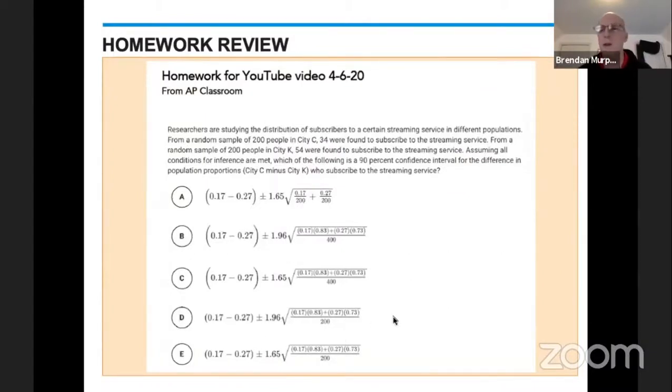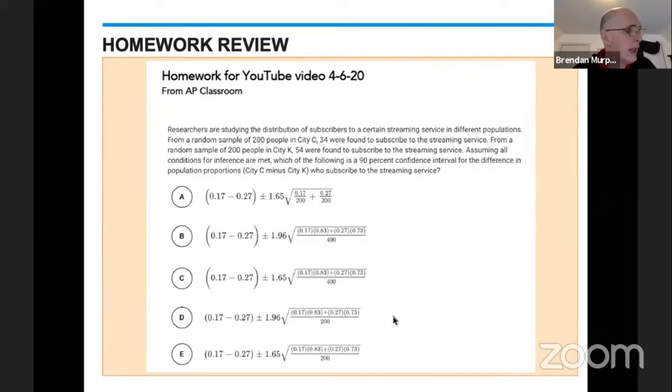So I think this is what he was doing yesterday: confidence intervals with 1 sample or 2 samples with proportions. So researchers are studying the distribution of subscribers to a certain streaming service in different populations. Just setting the table, I guess.